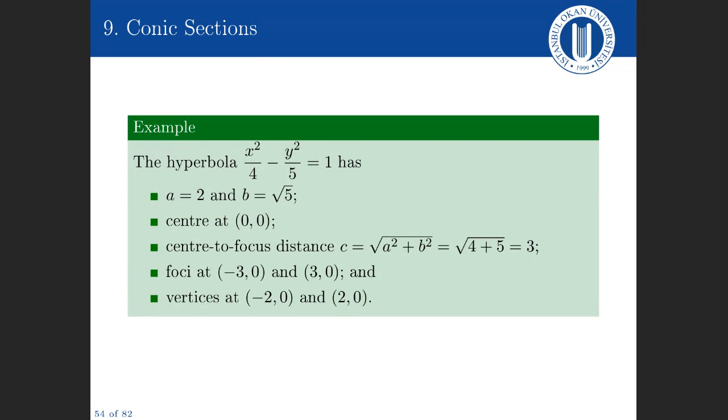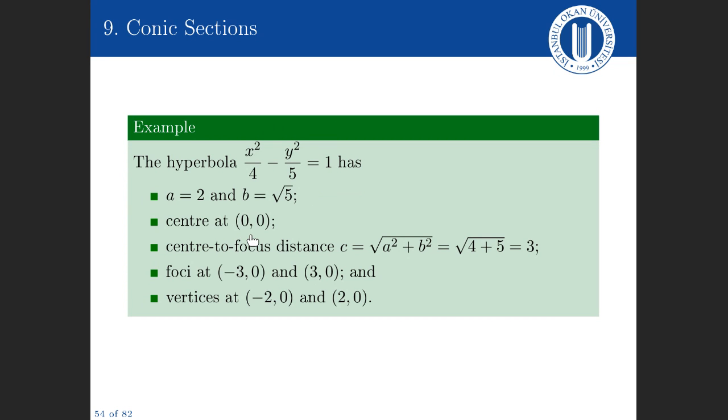For example, the hyperbola x squared over 4 minus y squared over 5 is equal to 1. It doesn't matter if a is bigger than b or b is bigger than a. For a hyperbola, the first number we say is a squared, so a must be 2, and the second number we say is b squared. So here, b must be the square root of 5.